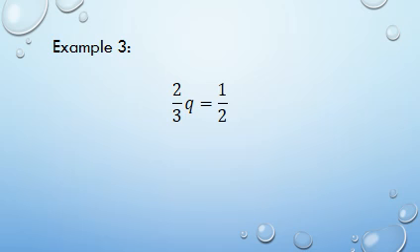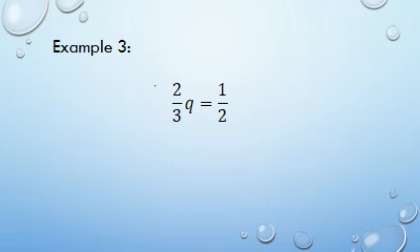And if you remember the multiplicative inverse, we want to get that 2/3 to equal 1. So what do we need to multiply 2/3 by in order for that to equal 1? And if you remember, the multiplicative inverse says that we multiply by the reciprocal. And the reciprocal of 2/3 would mean just to flip 2/3.